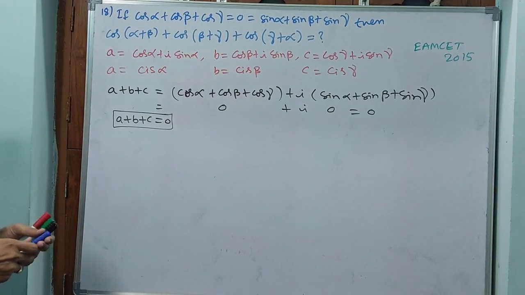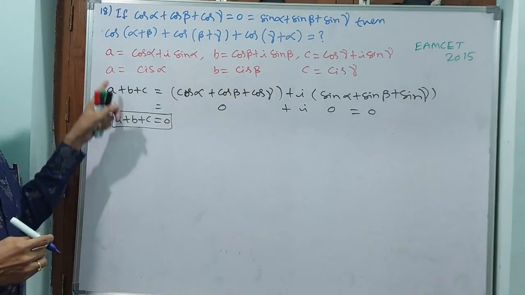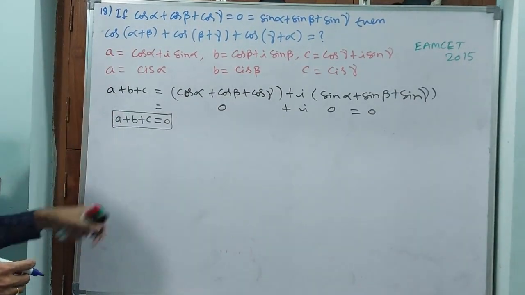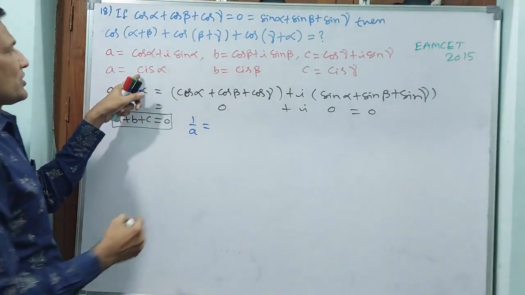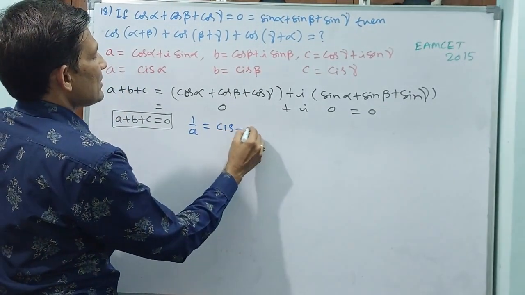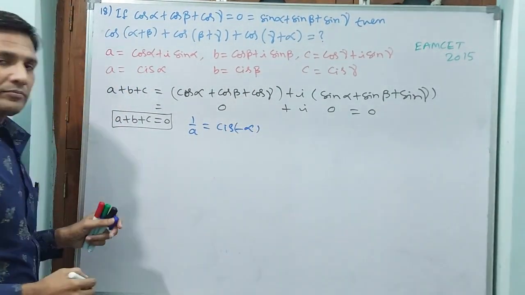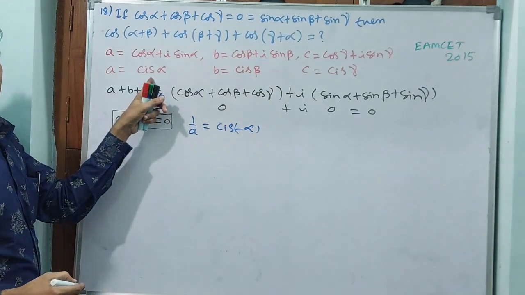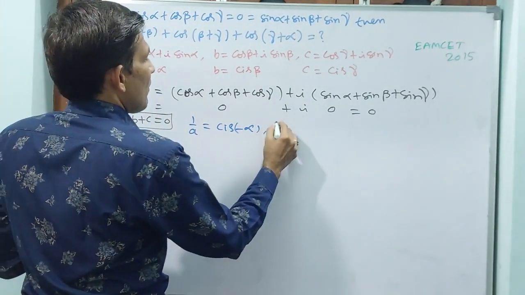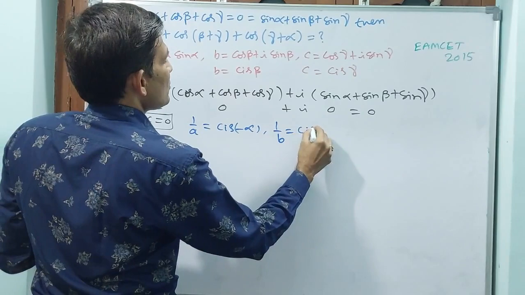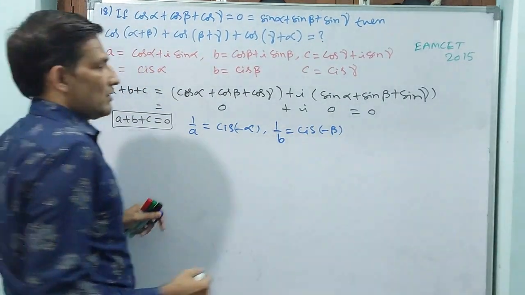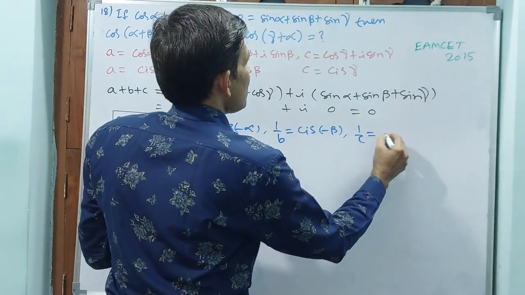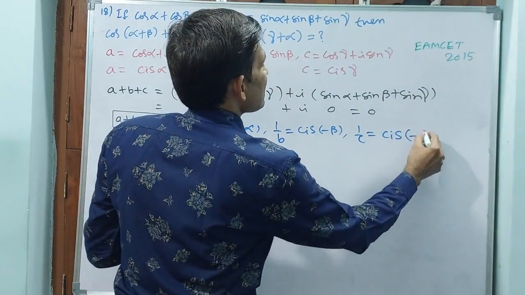Now go back again. You see, if this is the case, now I want to take 1 by A value. 1 by A is equal to CIS minus alpha, 1 by B is equal to CIS minus beta, 1 by C is equal to CIS minus gamma.